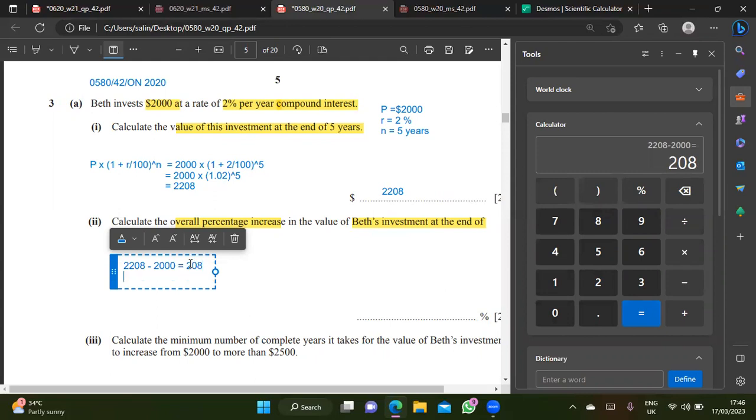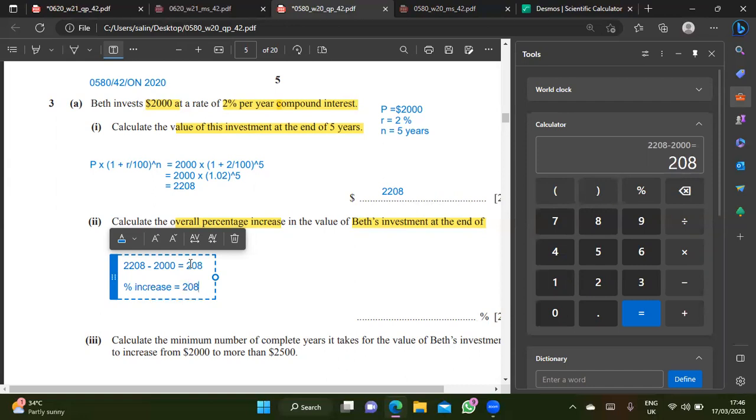Then what do you need to do? So only then we can find the percentage. Is there any increase in the investment? Yes. You invest 2,000 and then now you're getting 208 extra. So we can calculate now the percentage. Okay, percentage increase equals to whatever it is there, 208.